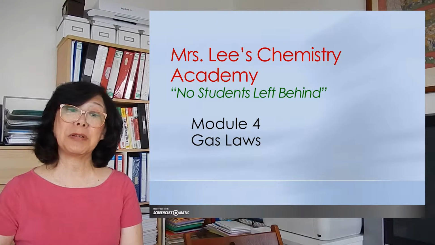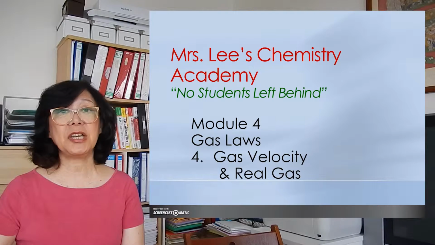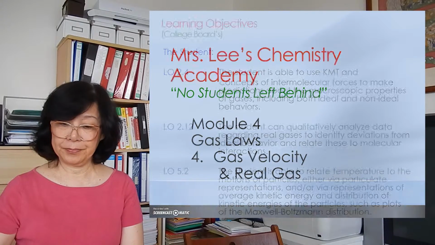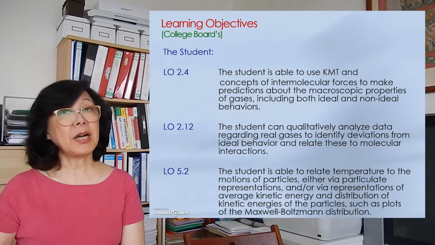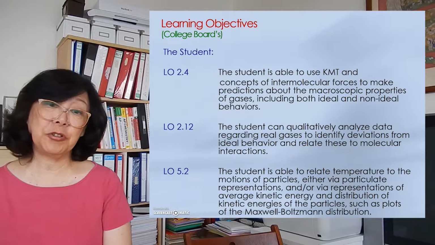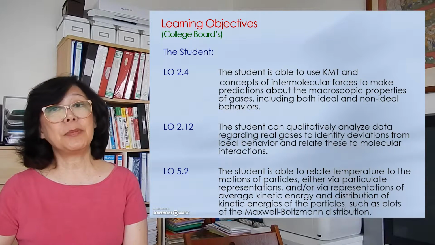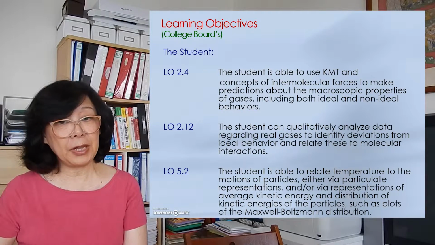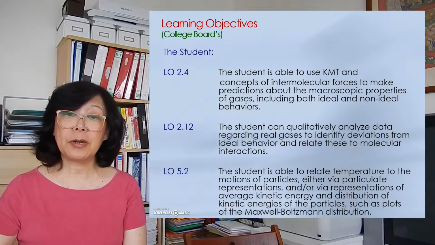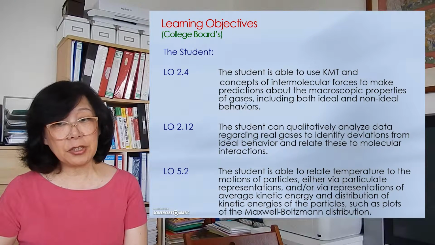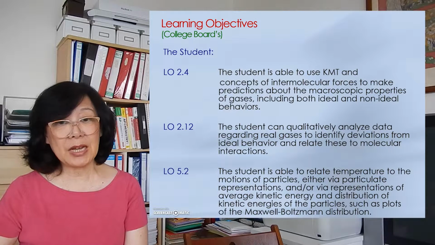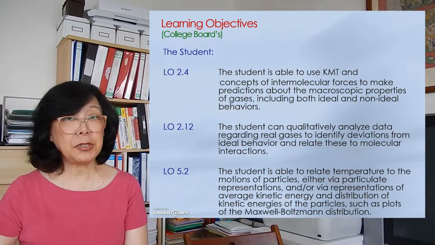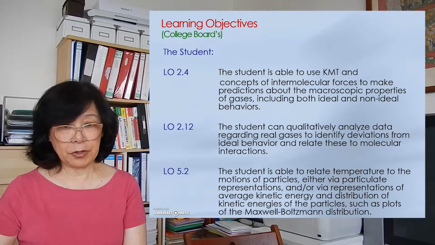Today we're going to talk about gas laws on gas velocity and real gas behavior. This is tied to the learning objective from College Board 2.4 that the student is able to use kinetic molecular theory and concepts of intermolecular force to make predictions about the properties of gases, including both ideal and non-ideal behaviors.